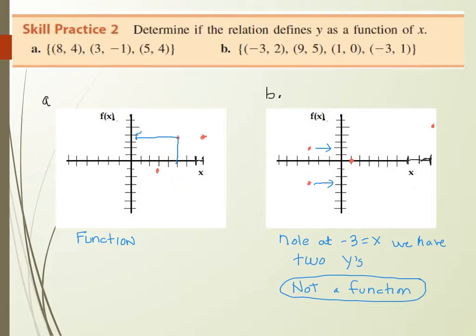Now we'll look at B, and again our points are in red, and we see for the -3, we have two values of y for a value of -3. So therefore, this is not a function for this set of ordered pairs.